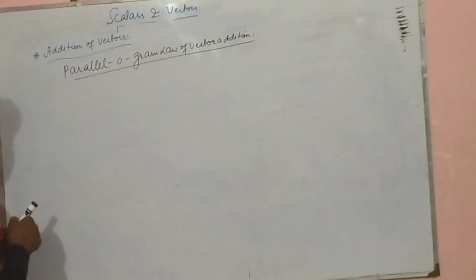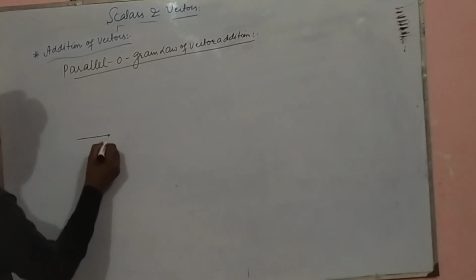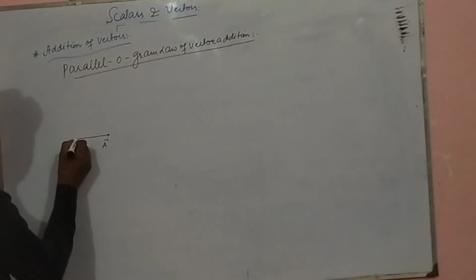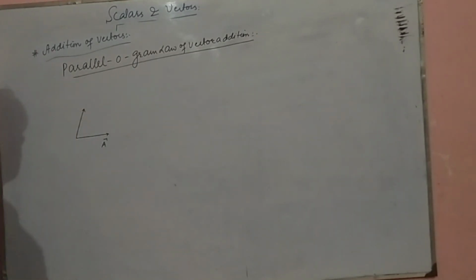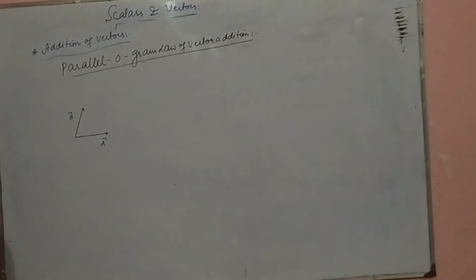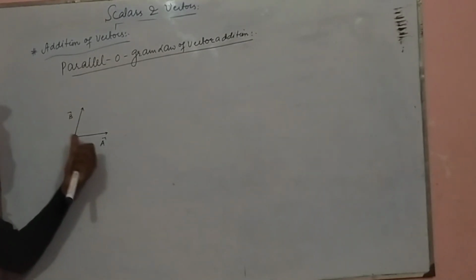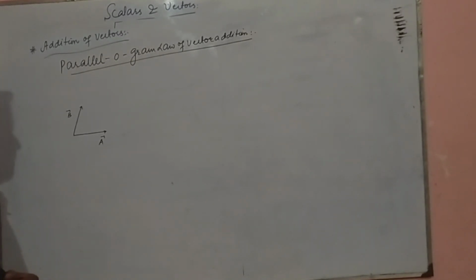If we are given two vectors, let's say this is vector A and this is vector B, then we have to calculate the resultant of these two vectors. How can we calculate the resultant?